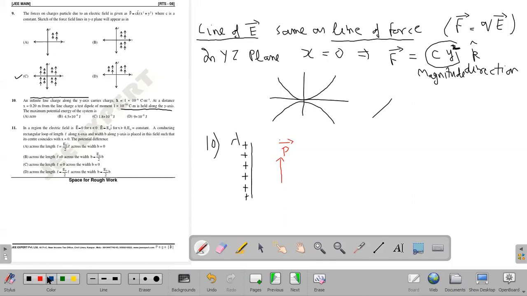This infinite line charge will create an electric field perpendicular to the line, and this electric field is perpendicular to the dipole, so the dipole will experience some kind of torque by this electric field, and very soon it will be aligned with the electric field.